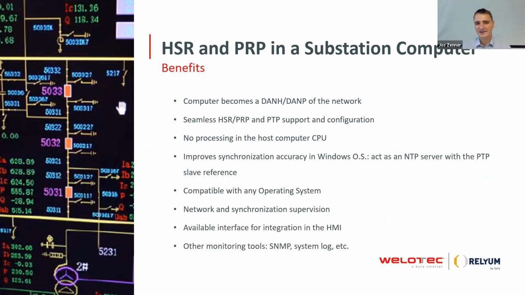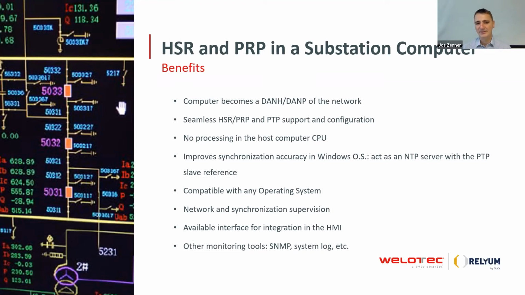And as Alicia mentioned before, you have seamless HSR, PRP, and PTP support inside the device, without your software needing to take care of this. You don't need any additional processing power from the host CPU, which is working on your HMI, gateway, and engineering workstation applications.